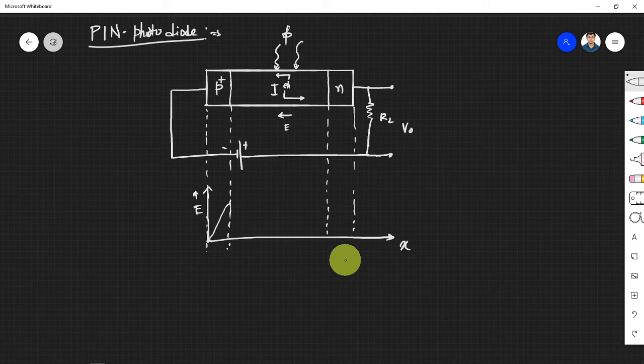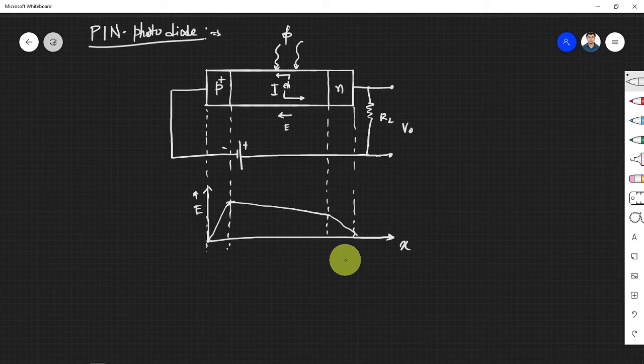Now in the intrinsic region, there will be some voltage drop across this intrinsic region, right? But it will not be too much. So it will gradually decrease to some extent, the slope, something like this, and then again at this electrode the electric field will be 0, right? So this is the variation of electric field across the device.